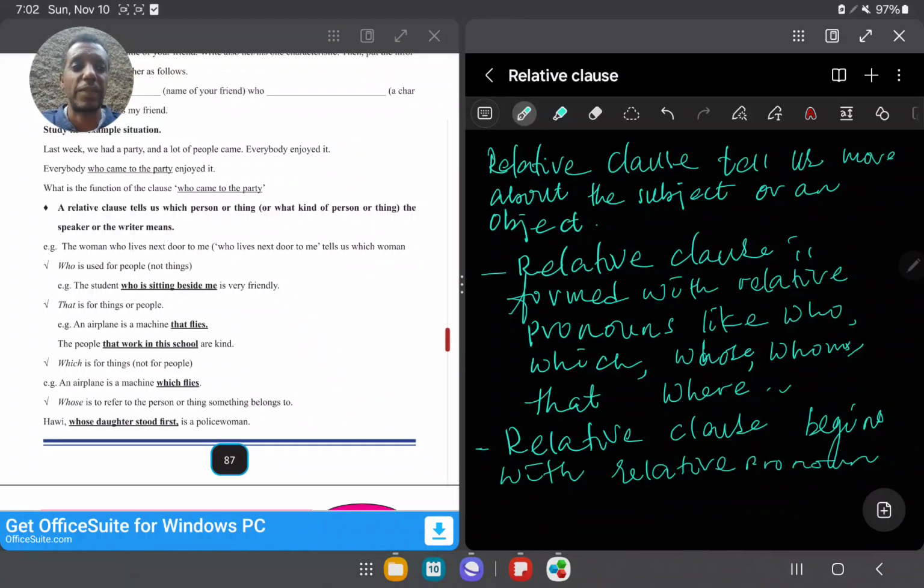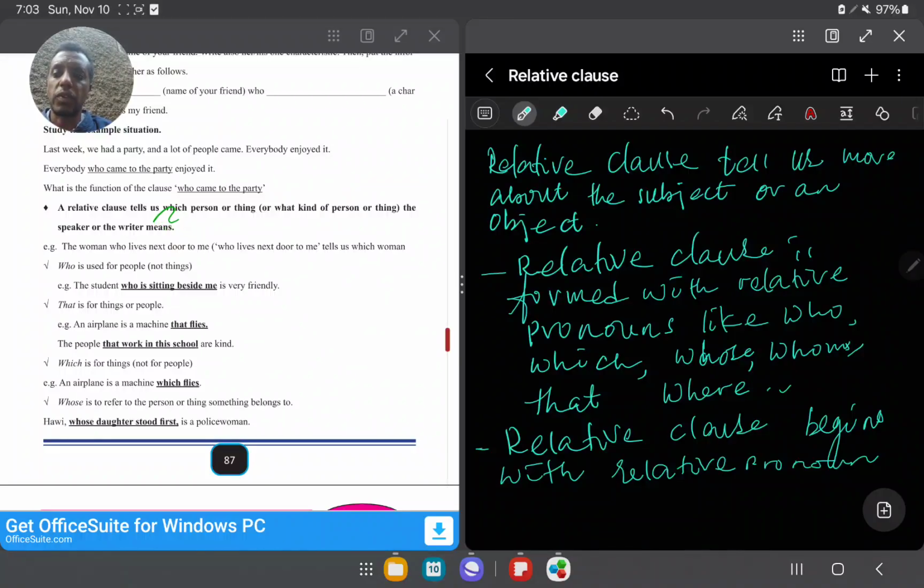What does relative pronoun mean? In short, they are WH words like who, which, that, where, whom, whose. They avoid repetition of a noun. Relative clause begins with relative pronoun. Let me show you here, students.